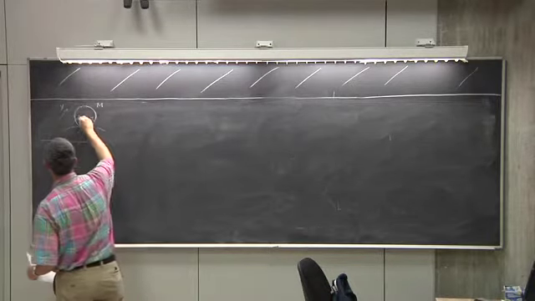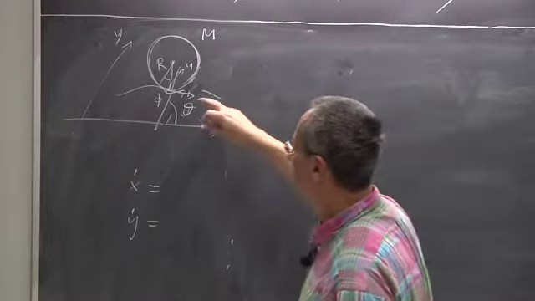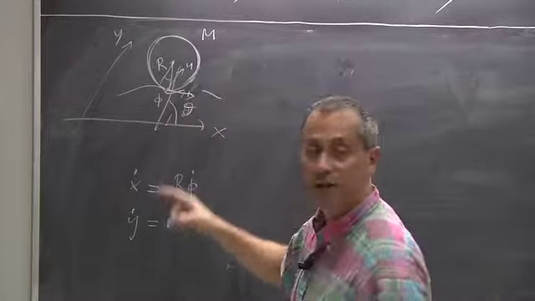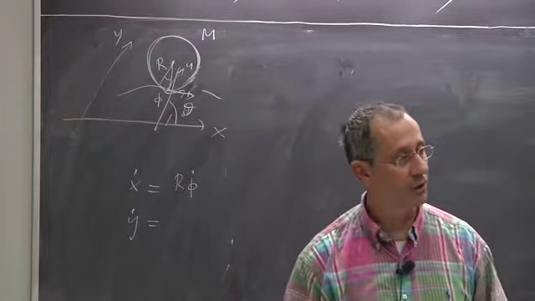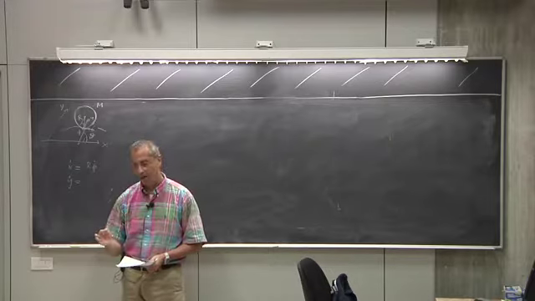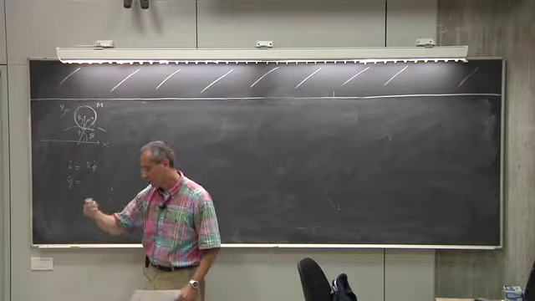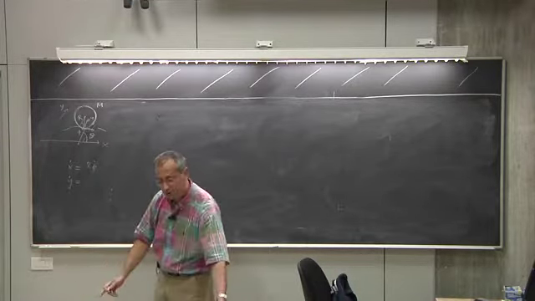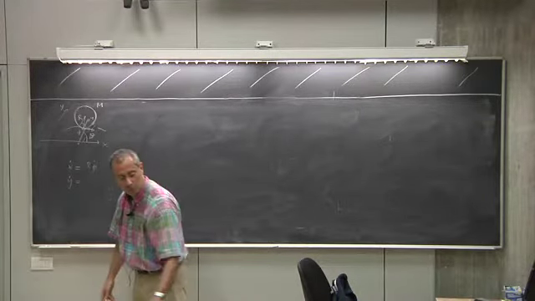So let's call R, big R, the radius of this disk. You see that you have the velocity R phi dot is the velocity of this disk, but you have two components of this velocity depending on the orientation of this disk, right? Say the disk is rotating, so it has a velocity, and in general this velocity is going to have one component with respect to x and one component with respect to y.